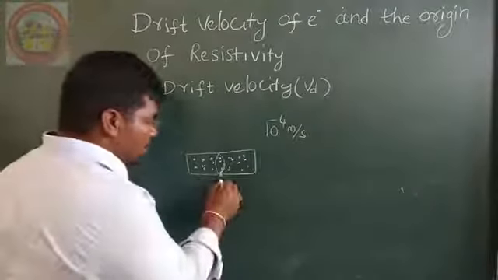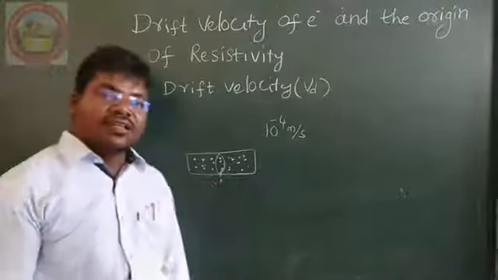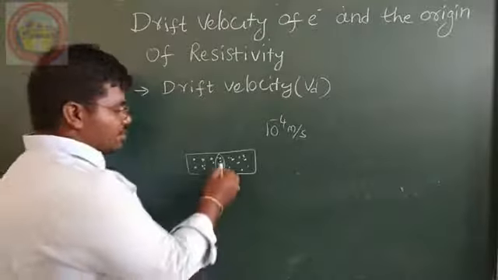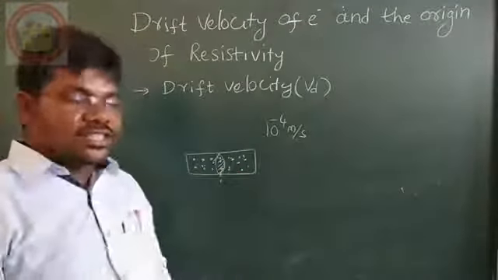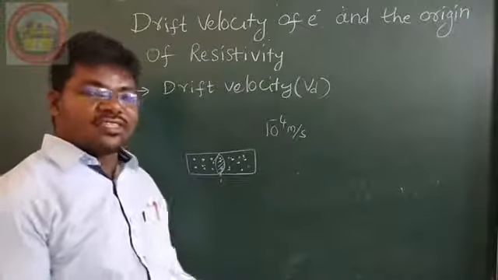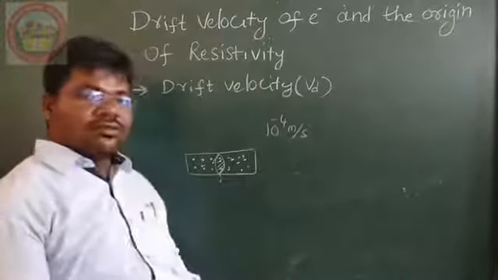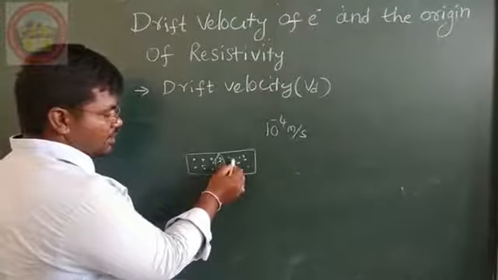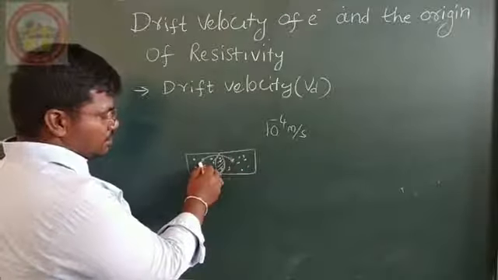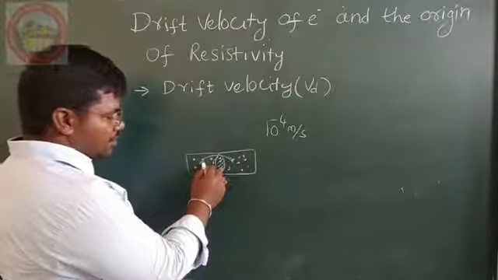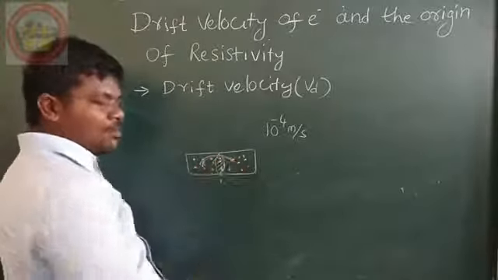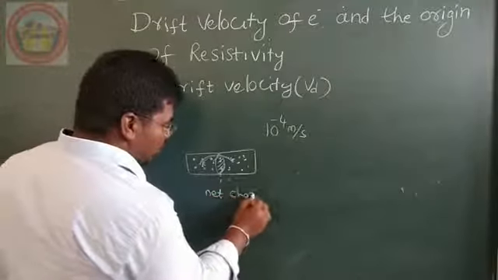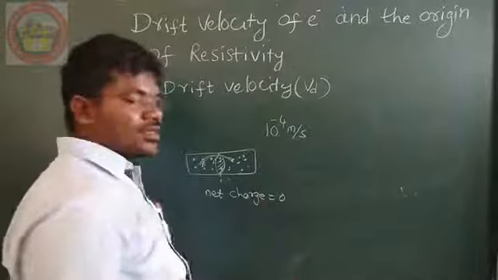At any one point, the number of charges moving rightward is equal to the number of charges moving leftward.